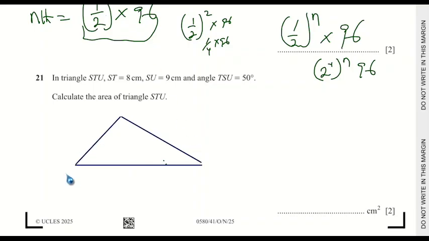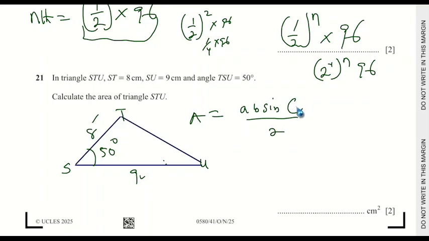Let's label it as S, T, and U. Sorry for the space there. You have 8 here, we have 9 here, and the angle between them is 50 degrees. So the area is pretty straightforward. It's the product of 8 and 9 multiplied by the sine of the angle between them. That's just the formula, ab sin C divided by 2.